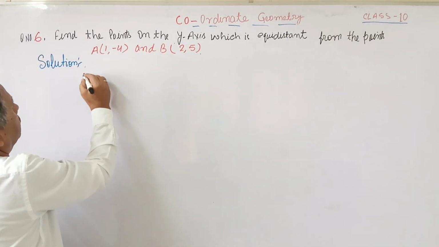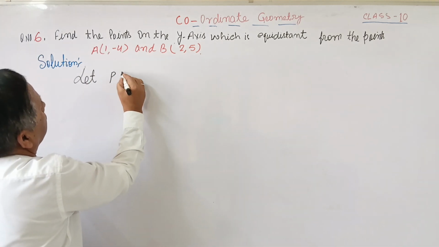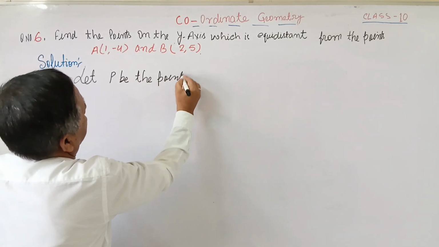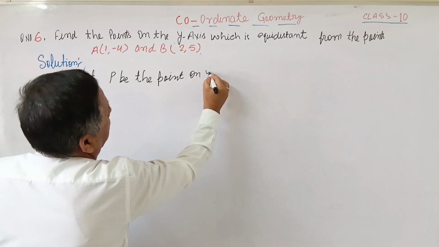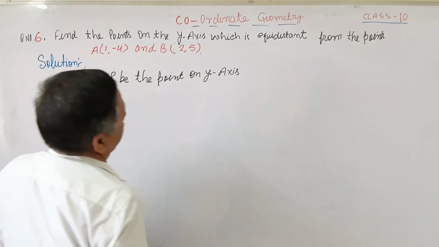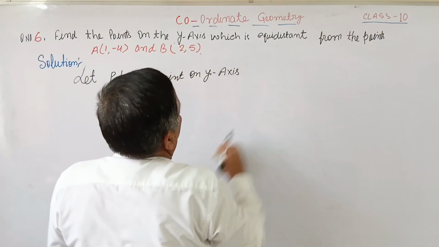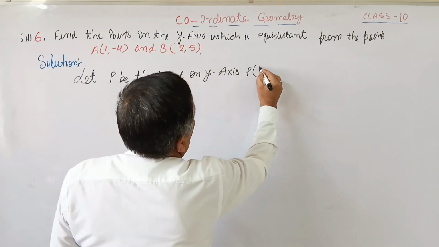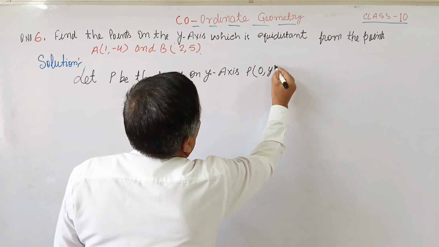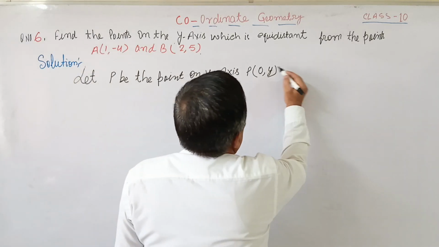So let P be the point on y-axis, that is, now P will become 0 and y, because point lies on y-axis, so the value of x will become 0.